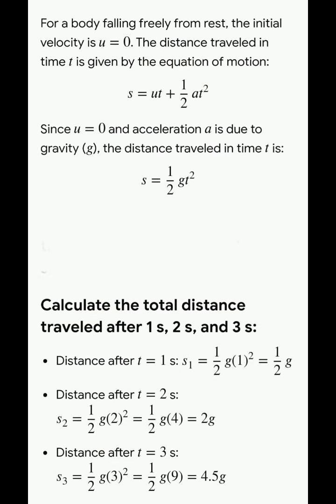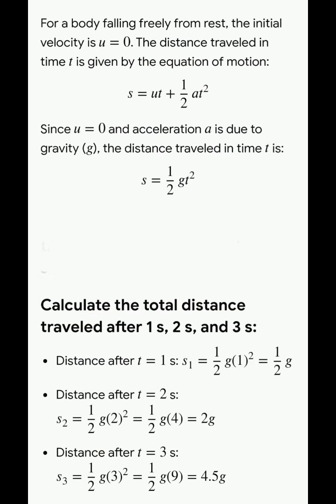Here the distance travelled after t equal to 1 second is s1 is equal to half into g into 1 square, that is equal to 1 by 2 g. The distance travelled after t equal to 2 seconds is s2 is equal to half into g into 2 square, that is equal to half into g into 4, that is equal to 2g.